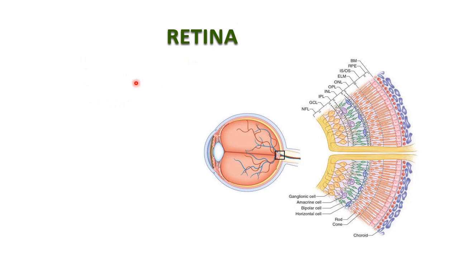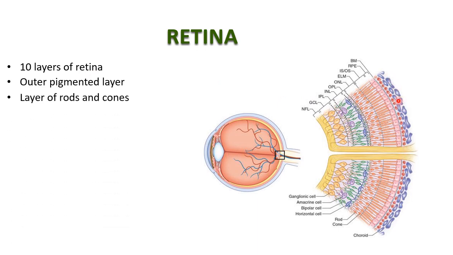So the 10 layers of the retina: first the outer pigmental layer, which consists of a lot of melanin pigment cells. Then you have the layer of rods and cones. Cones are for the discriminative vision and rods are for the color vision.